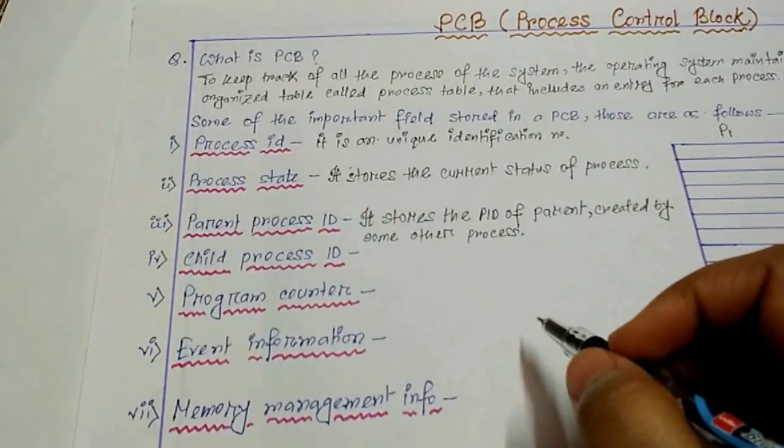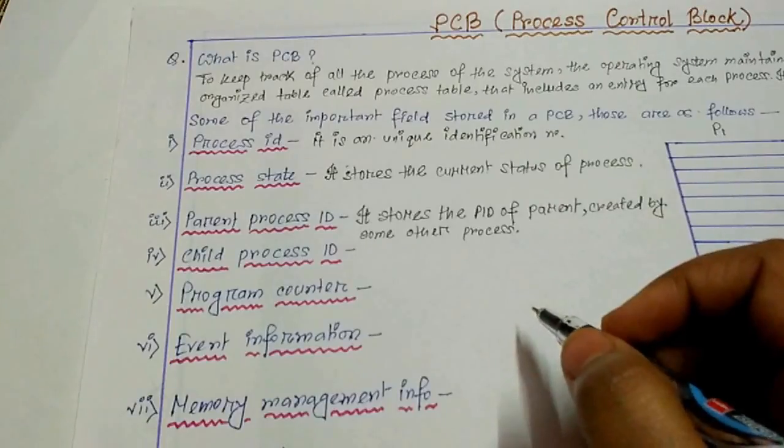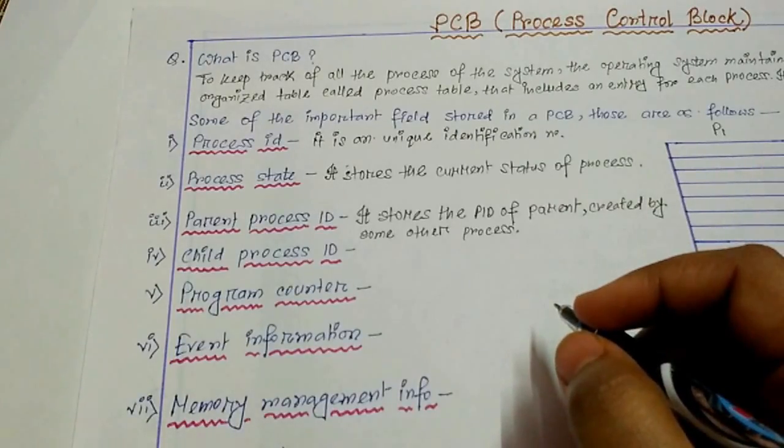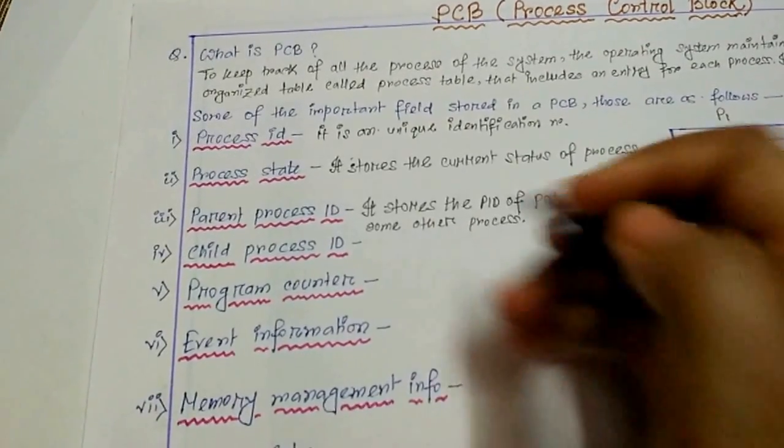Then comes child process ID. It stores the process ID of the child processes of the parent process.